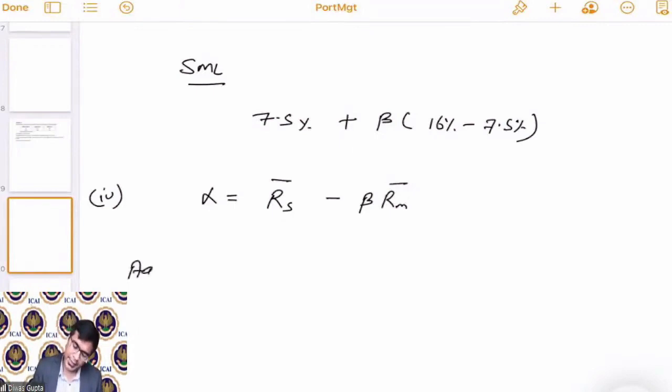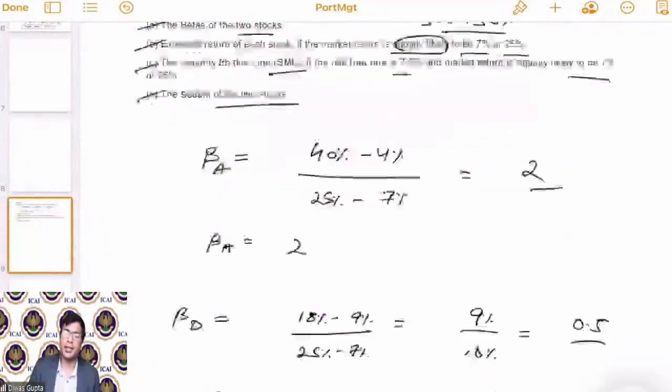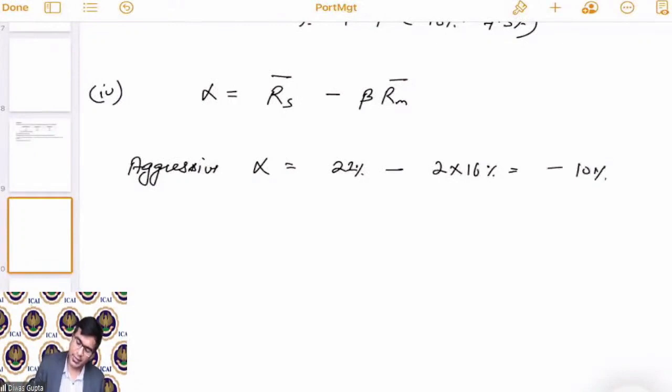Okay, so the aggressive alpha will be return on security, 4 plus 40 divided by 2, which is 22%, which we have already calculated above, 22% minus 2 into 16%. This comes as minus 10%.